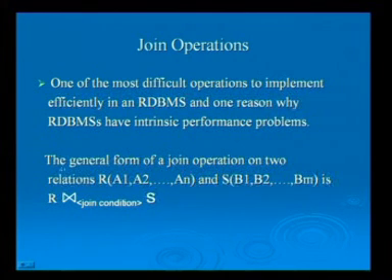Now, to illustrate the general form of join operation on two relations, this is the relation R with attributes A1 to An, and this is the relation S with attributes B1 to Bm. Then we can join R and S, this is the symbol for that, with the join condition.